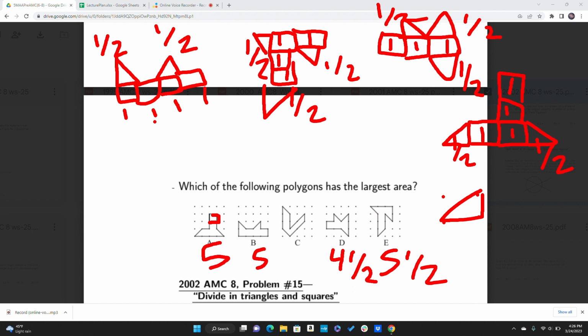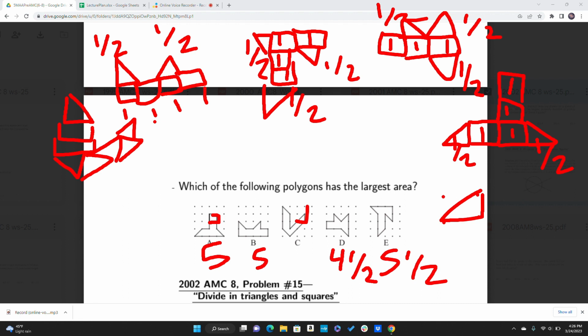Okay, last one. This one's a little trickier looking at it. So we've got a triangle for C, a square, a triangle, another triangle, ignore my bad drawings, another triangle, and another triangle, and another triangle. That might be a little bit confusing.